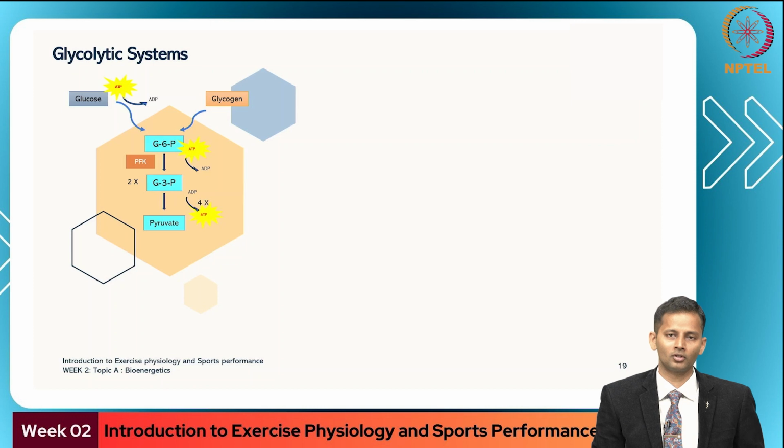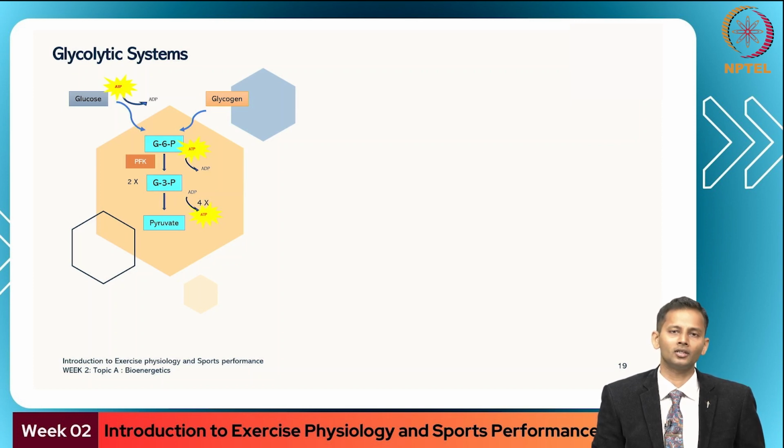We also saw the glycolytic system, part of the anaerobic pathway, wherein the glucose or glycogen enters the pathway and undergoes a series of chemical reactions by which you end up forming pyruvate in the cytoplasm.